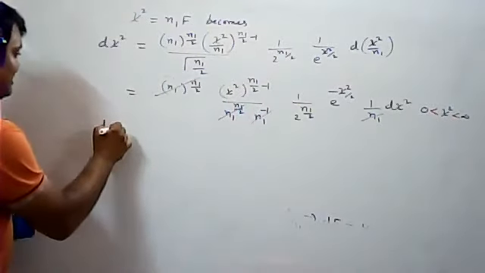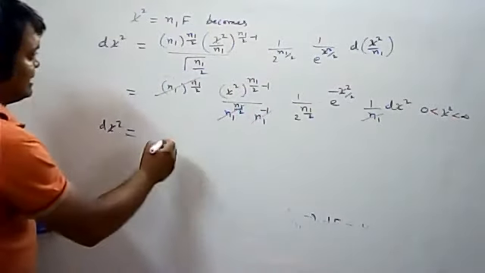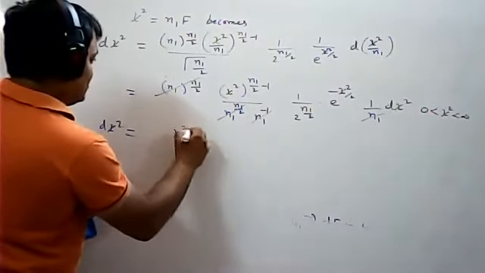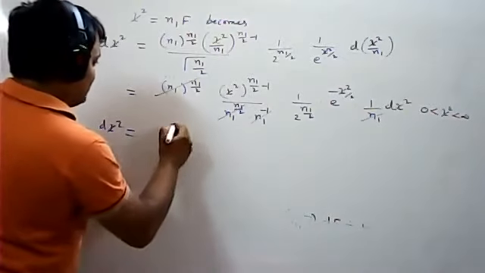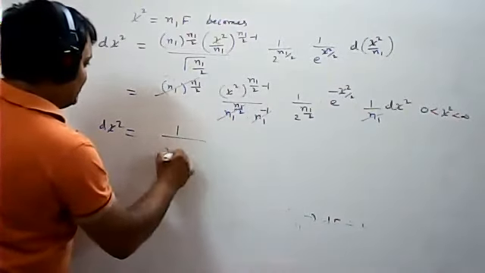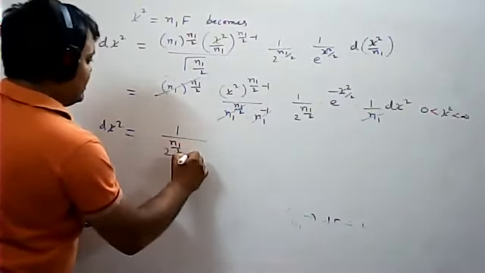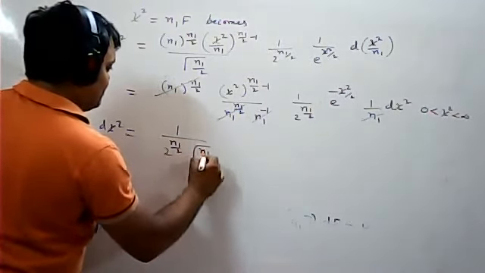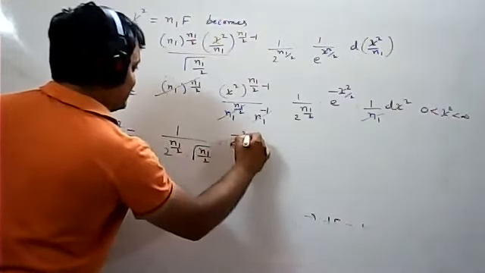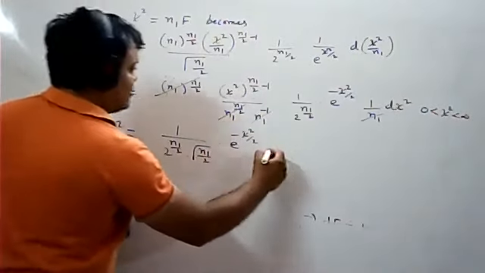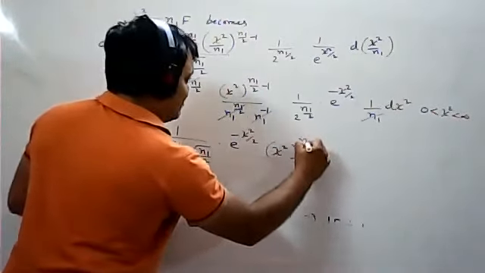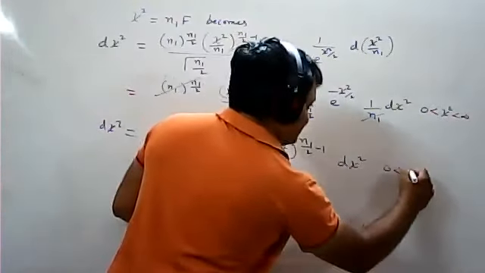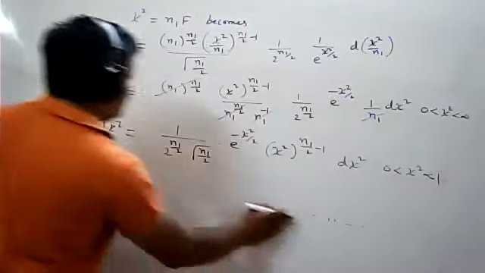So finally what you are getting: d chi square equal to 1 by 2 to the power of N1 by 2 into gamma N1 by 2 into e power minus chi square by 2 into chi square whole power N1 by 2 minus 1 d chi square, with 0 less than chi square less than infinity.